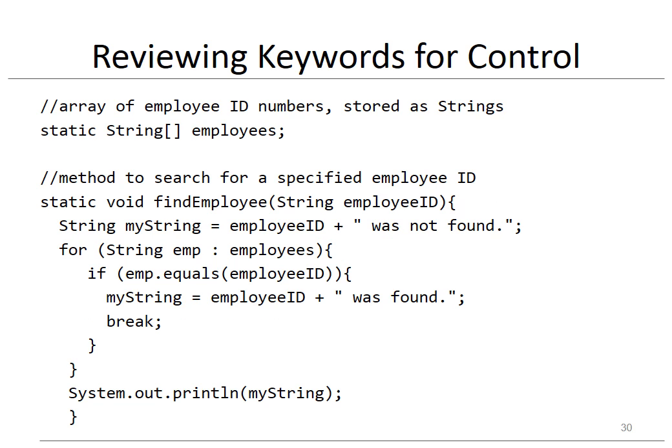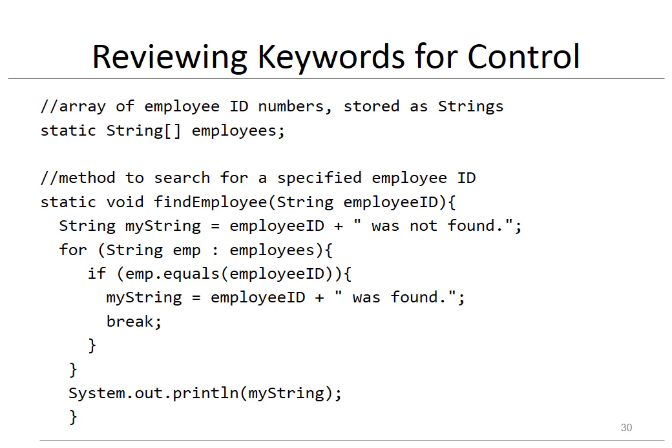Here you can see the break keyword illustrated. We again start from the variable employees, which is an array of employee IDs represented as strings. The method findEmployee searches for a specific employee specified by the input argument employee ID. It initializes the myString variable to employee ID not found.